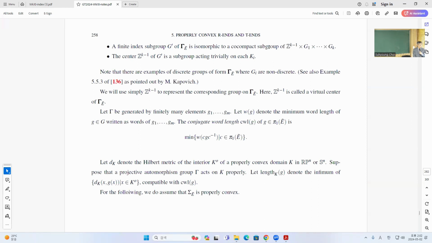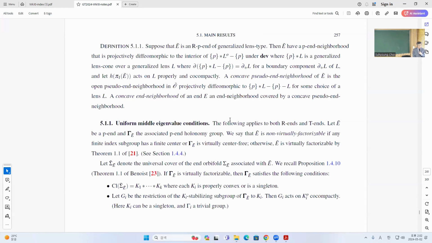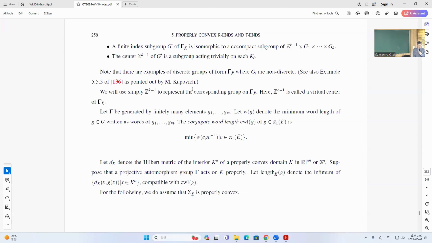And then there's some finite index subgroup which is isomorphic to this and GKR. So there's always some subgroup acting trivially on here, which is diagonalizable, and of course those are the center here. Okay, so the irreducible case and the non-irreducible case is just given by the existence of these centers here.